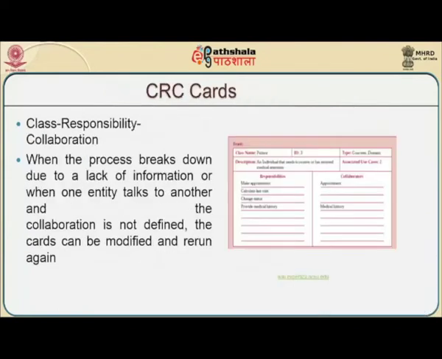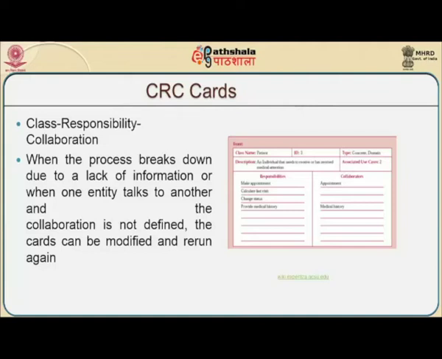There is another technique by which we can collect all the requirements from the stakeholders. This is called CRC cards, that is, class responsibility collaboration cards.